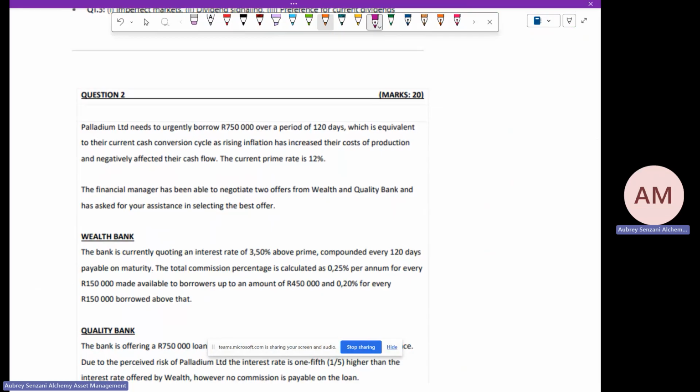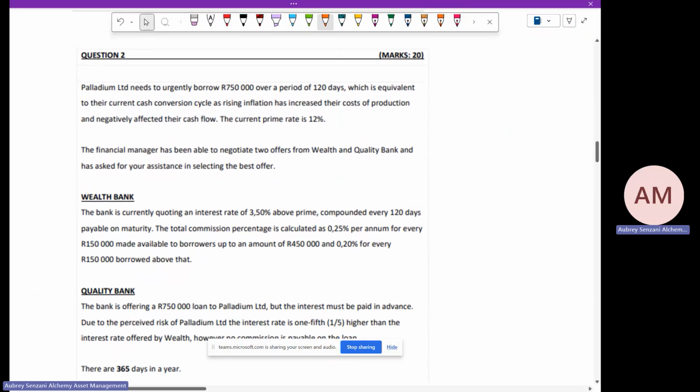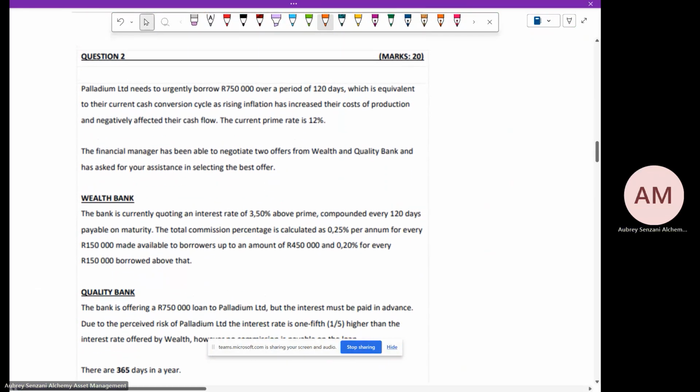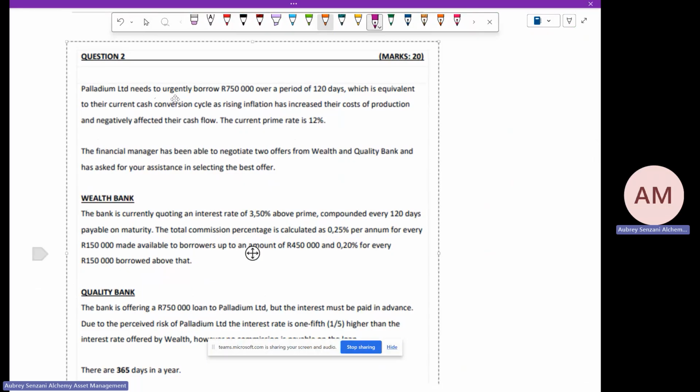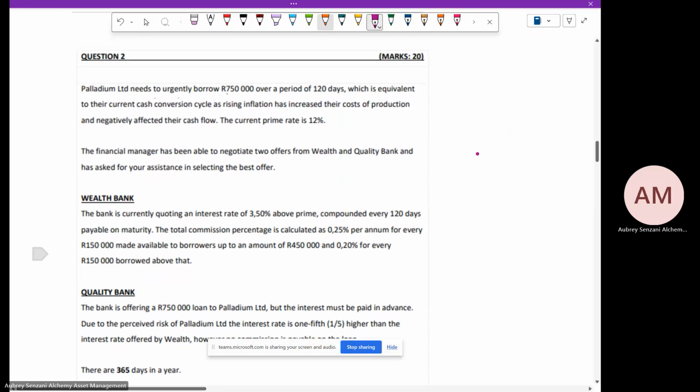So now we get to question 2. With question 2, they basically are giving us a company that needs urgently to borrow 750 over a period of 120 days, which is equivalent to their current cash conversion cycle, as rising inflation has increased their costs of production and negatively affected their cash flow.